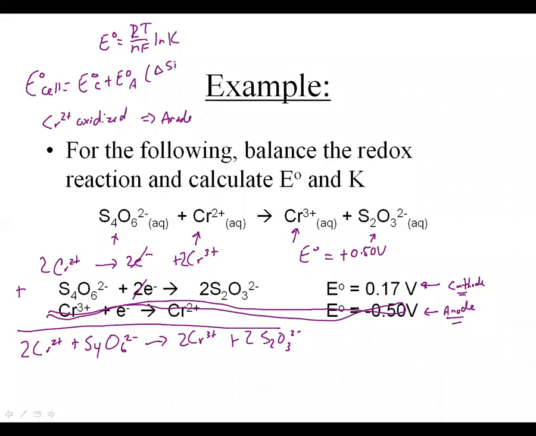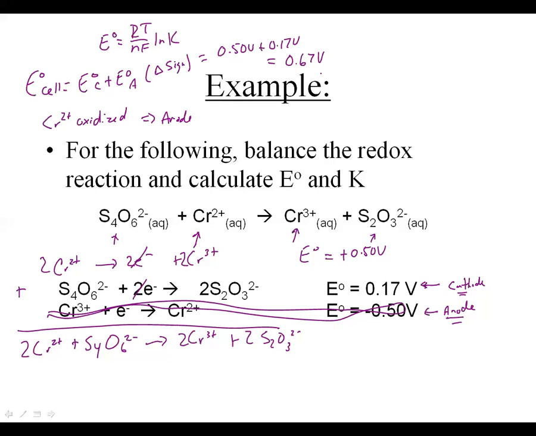So basically our E of the cell in this case would be 0.5 plus our 0.17, and that's going to give us 0.67 volts, which should tell us that this reaction is going to be spontaneous based on the positive voltage. That also should tell us that our equilibrium constant should be a large value as well.